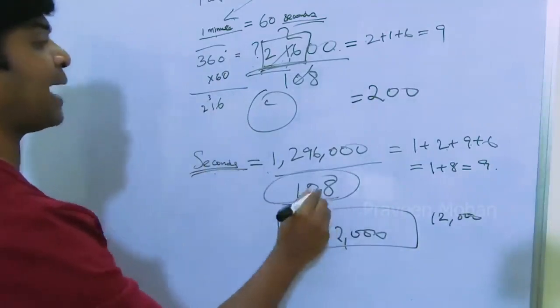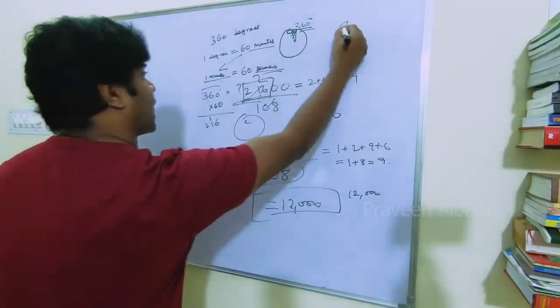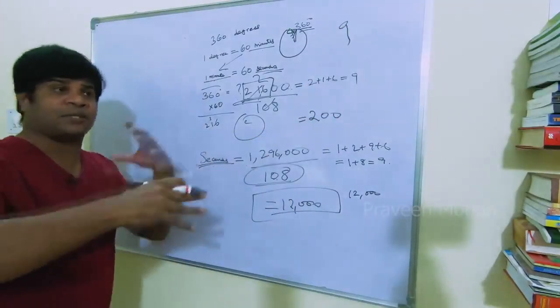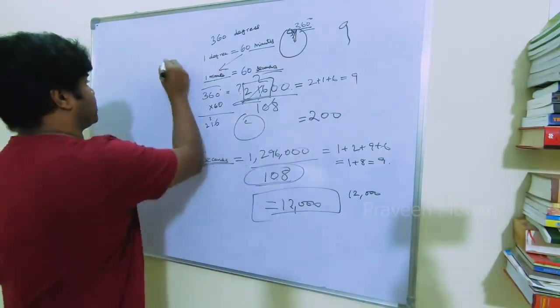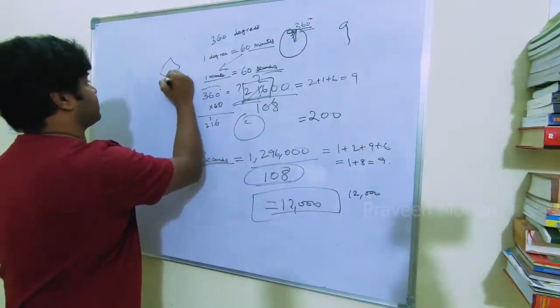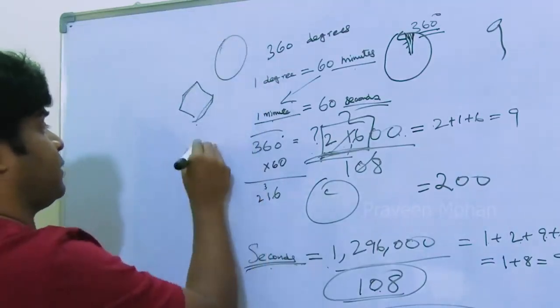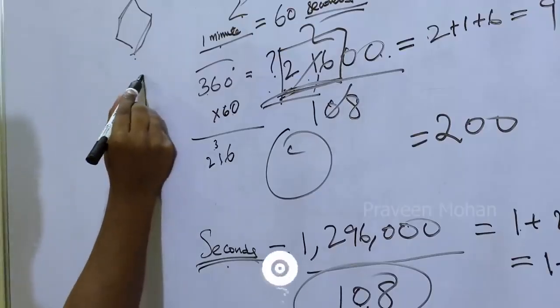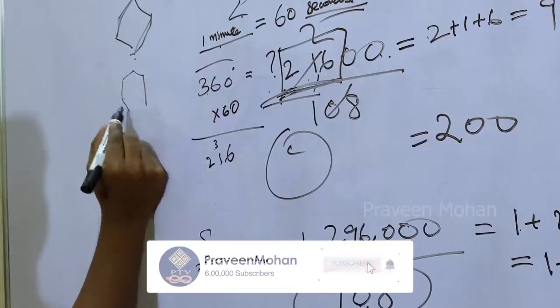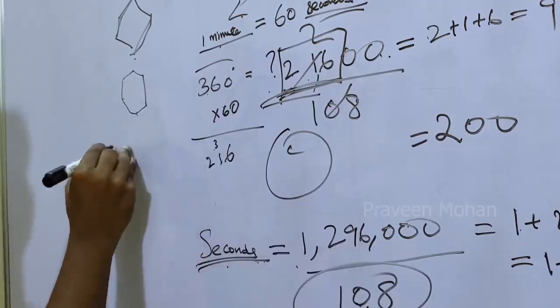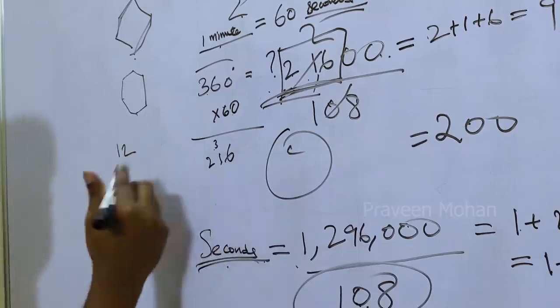So you see how 108, the number 9, and all this are very important for any type of geometry, okay? The number 9 is very important. You can draw a figure with 12 sides. It's called duodecagon.